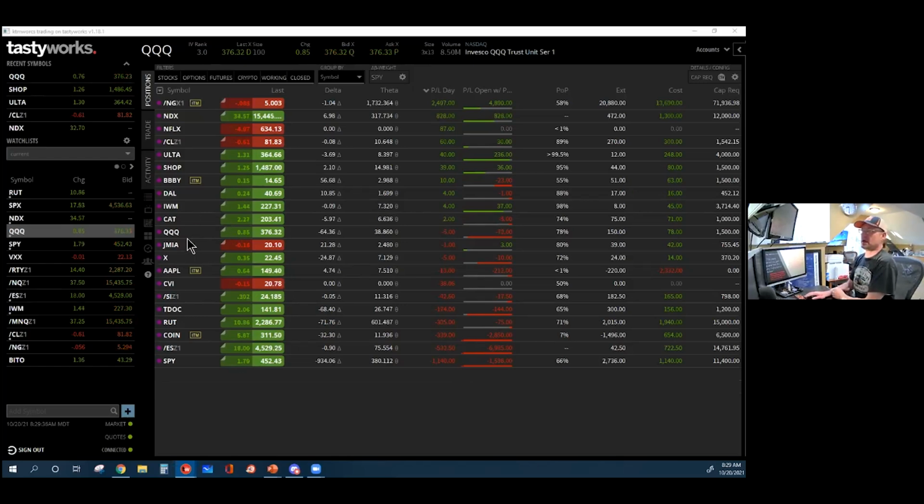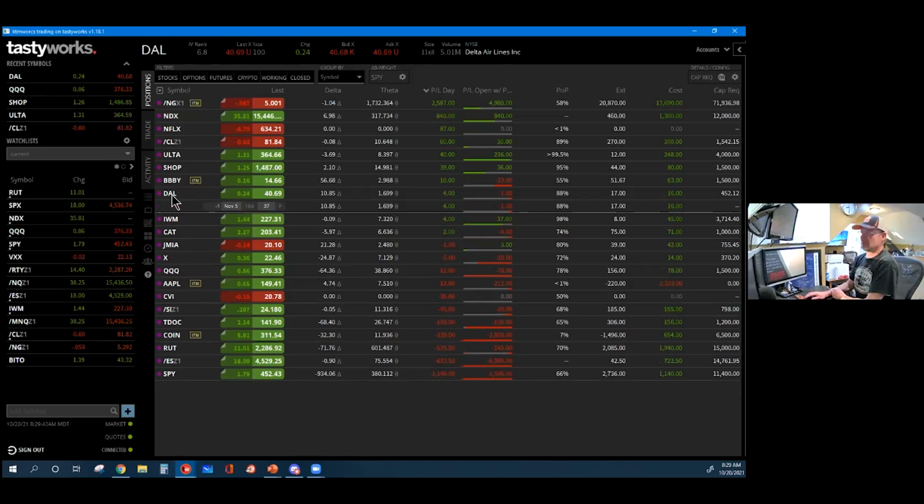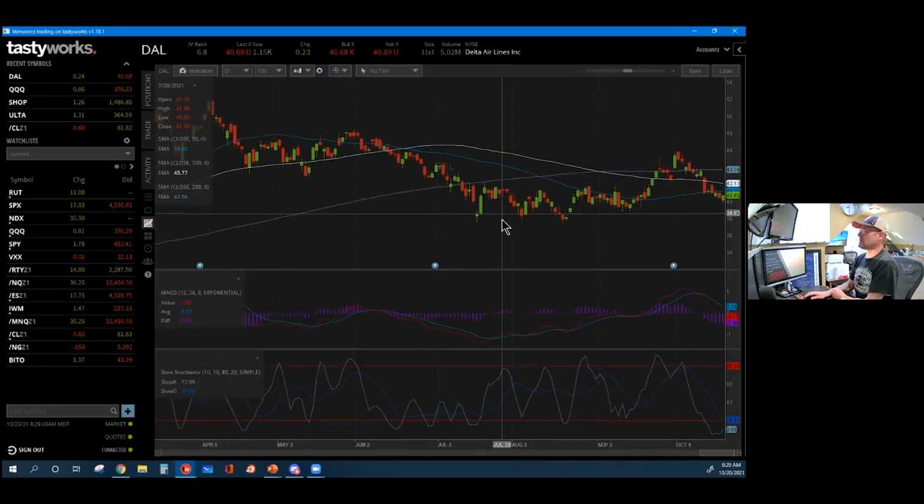Okay, so anyway, looking at what else do we have? We talk about DAL. DAL is another wheel trade. You can see on DAL that we've got a pretty solid bottom down in here.